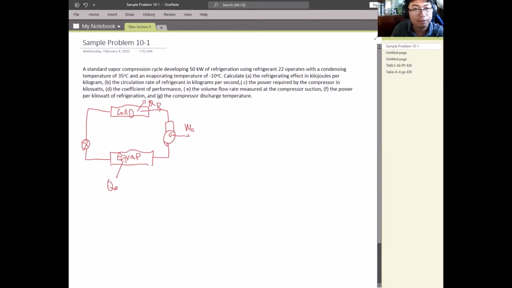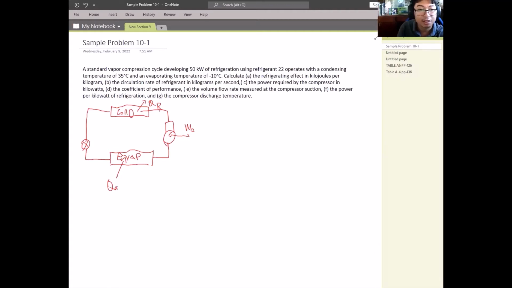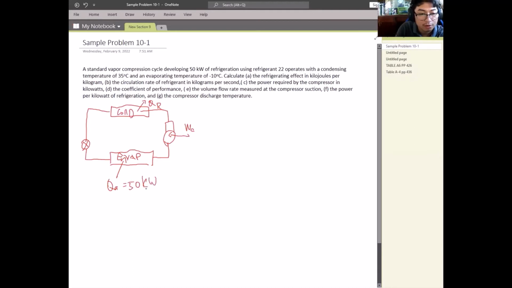So the standard vapor compression cycle is developing 50 kilowatts of refrigeration. That means 50 kilowatts of heat, and it will be rejected through the condenser. Our working fluid or refrigerant will be R22, so we will look at the table of R22.